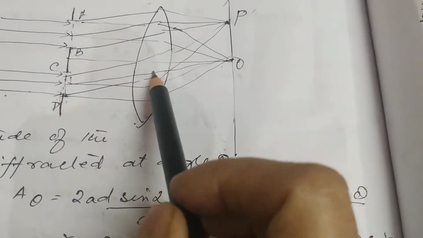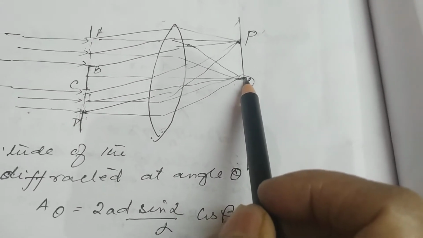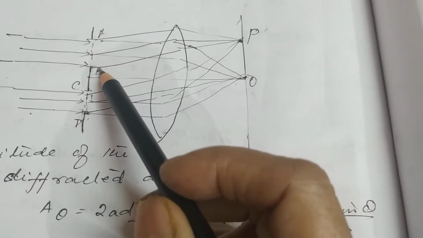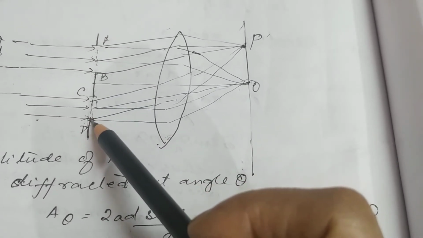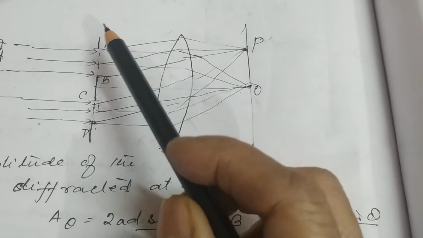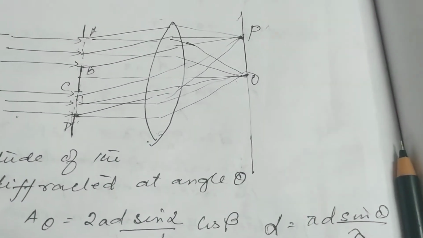As in a single slit, the same thing here. I have kept a convex lens and a screen at the focal plane of the convex lens. All the points on the wavefronts act as secondary wavelets, so from the secondary sources the rays can move in different directions.